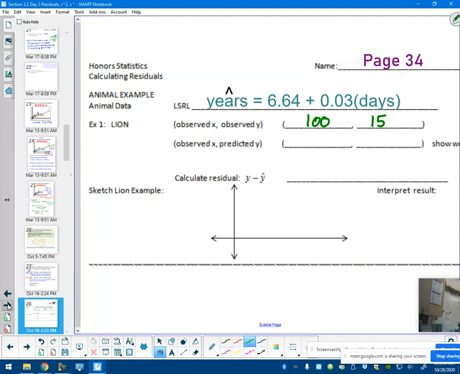Okay. Now I want the observed and the predicted. So I'm going to plug 100 in up above. We already did this before, but if I do y hat equals 6.64 plus 0.03 times 100, you guys remember I got 9.64 the other day? Yes?